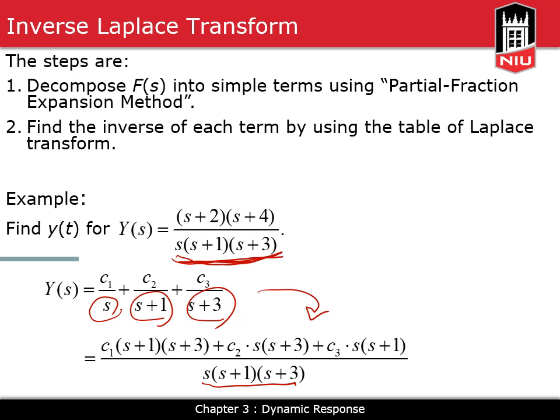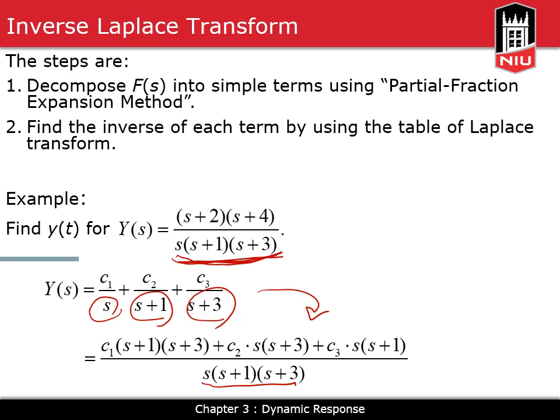That is because we had the same factors in the denominator of the three fractions, and when you combine them using the common denominator, you will get obviously the same denominator as the original y of s. We need the numerator to also be the same as the numerator of original y of s.